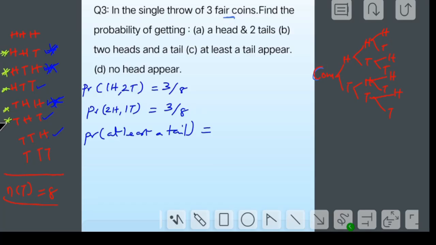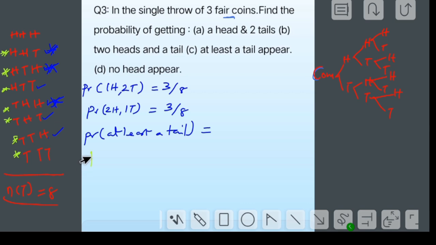Whether you have one tail or two or three, you count it. All we are after is anywhere you can see a tail. We have a tail here, here, and here. When you count it, it will give you 7. 1, 2, 3, 4, 5, 6, 7.